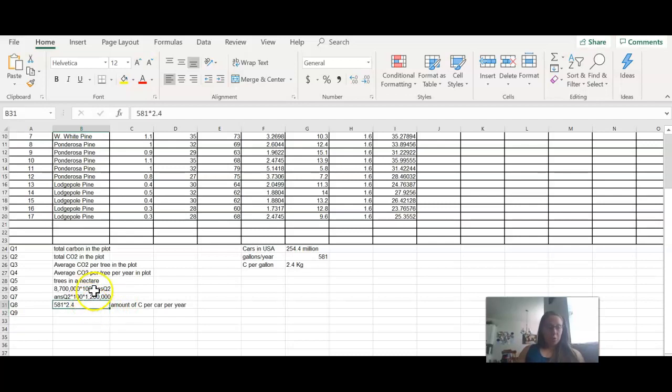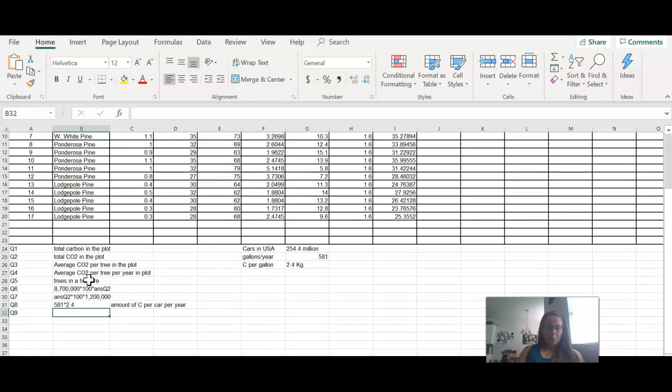So which answer that we have already answered contains the total amount of carbon in a hectare? Hopefully you see that none of them have, but we have a close enough approximation.